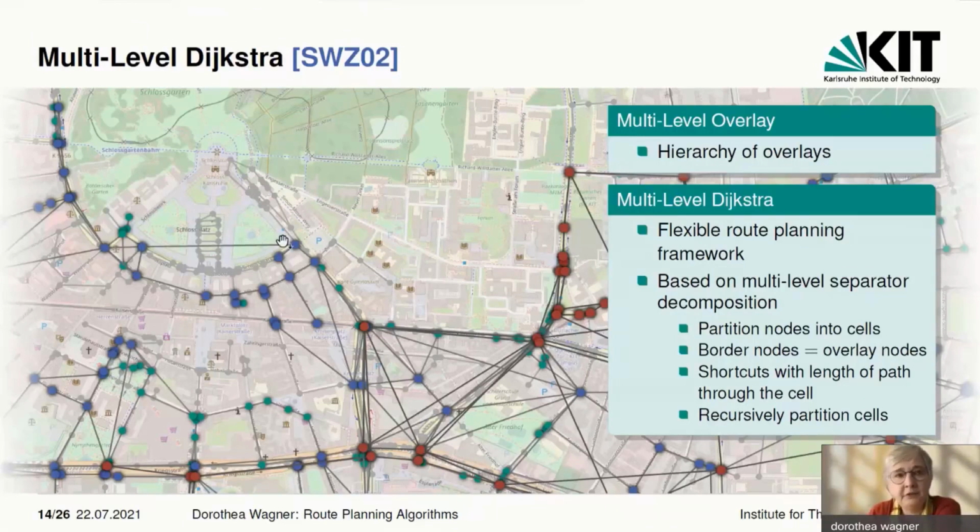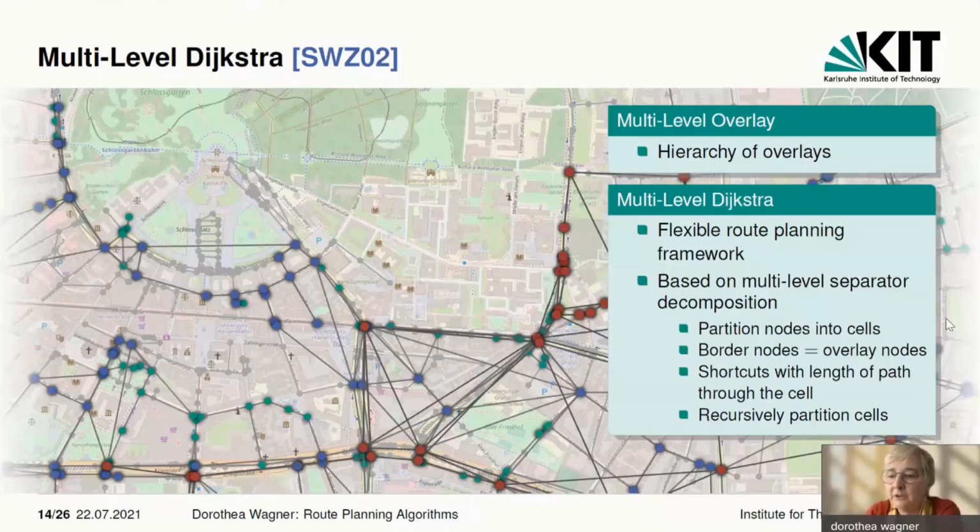I just mentioned important nodes in the road network are, for example, the endpoints of bridges, because we often have to pass bridges. If we would delete the bridges from a road network, we would decompose the road network into the part to the right of the river and to the left of the river. And this is the intuition behind this multi-level separator decomposition.